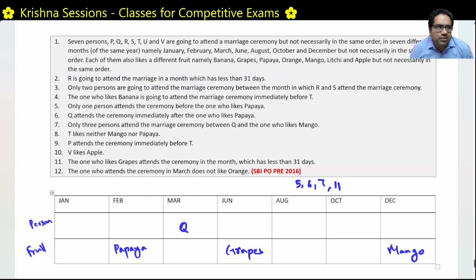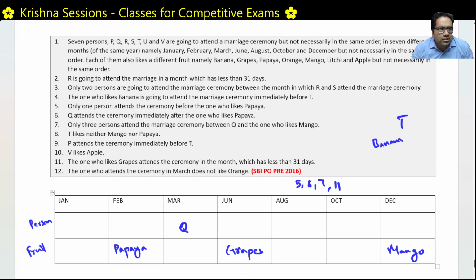Let's try to read some conditions together. For example, here, the one who likes banana is going to attend the marriage ceremony immediately before T. What does that mean? T is going somewhere, and banana is going immediately before T. And P attends the ceremony immediately before T. This is condition number 9.